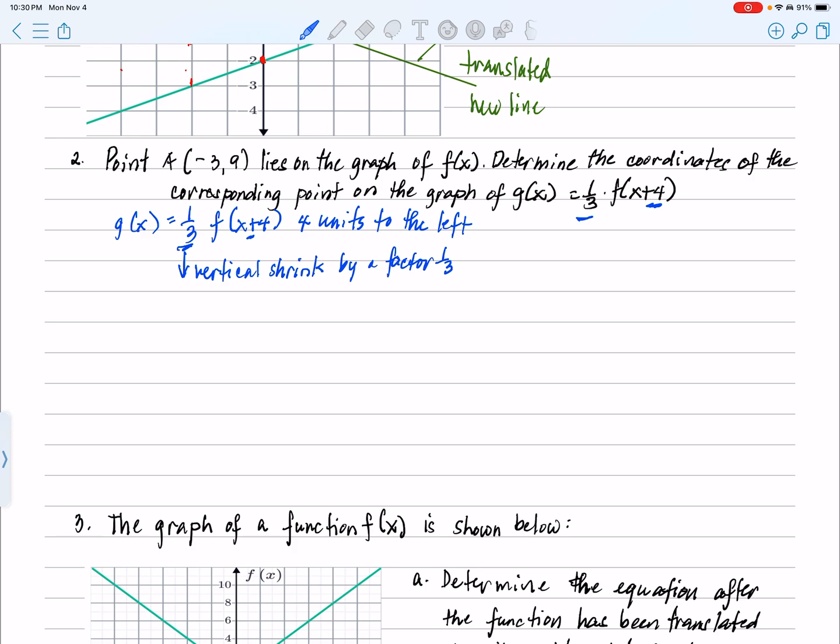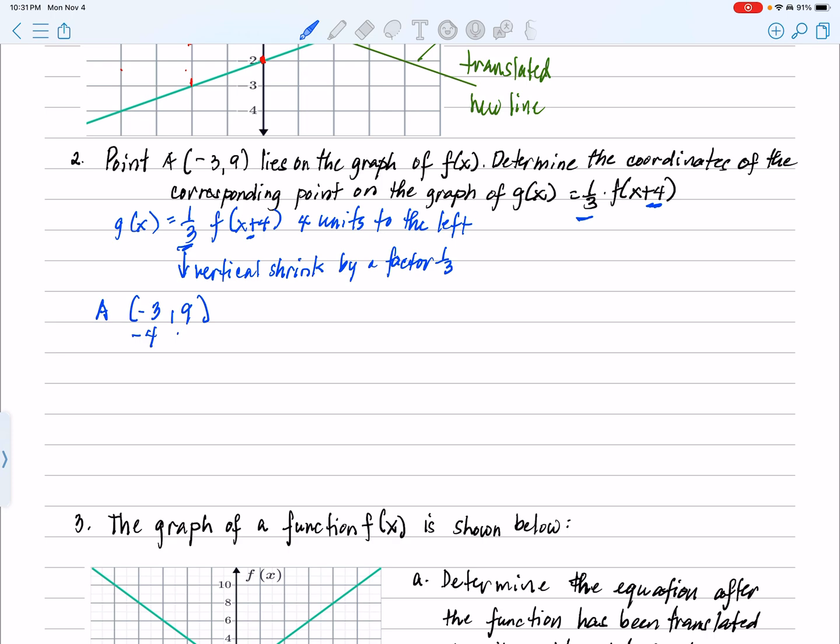So our point A is -3, 9, right? Shifting the point 4 units to the left, what happened? -4 units to the left.